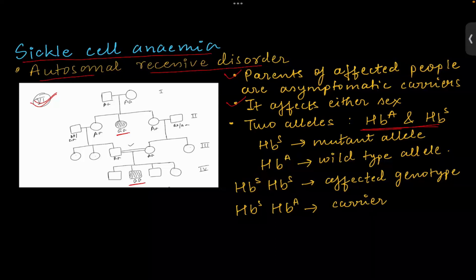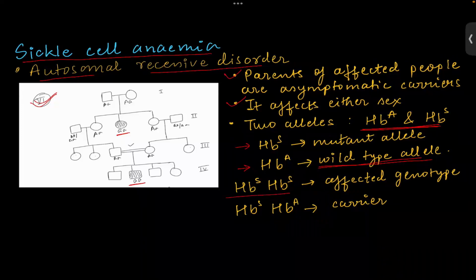These two are the alleles, HBA and HBS, where HBS is the mutant allele, which has the mutation, and HBA is the wild type allele or the normal allele. The affected people will have homozygosity for the HBS allele, because this is a recessive disorder.